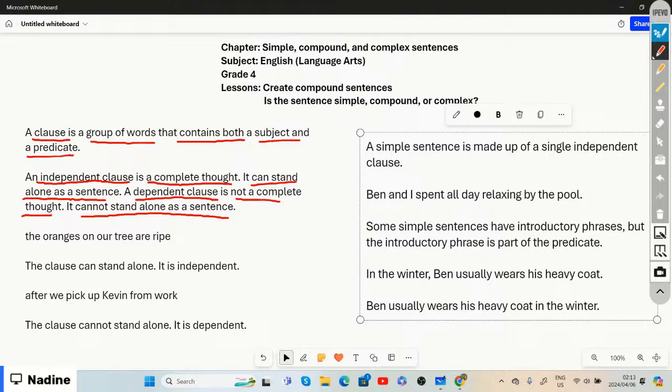So if we look now at this example, the example says, the oranges on our tree are ripe. So the oranges, that is already our subject.